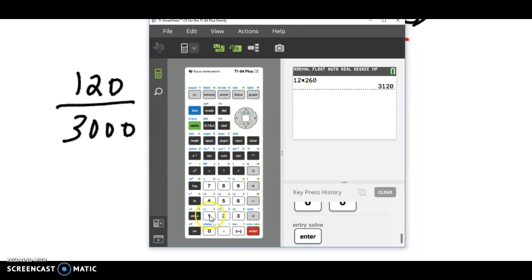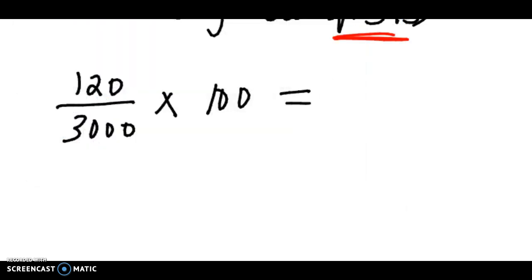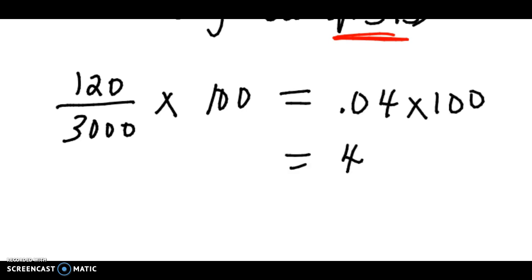Okay, so $120 divided by $3,000 is 0.04, and then multiply this answer by 100, and we get 4.00. This is not the APR, by the way. Again, that was 0.04 times 100, which gave us 4.00. This is not the APR.